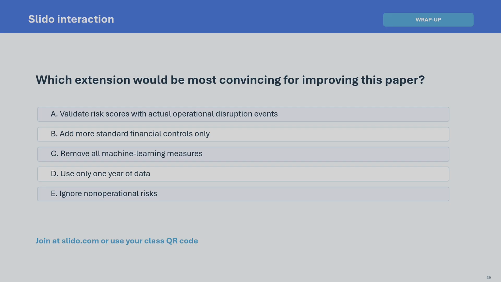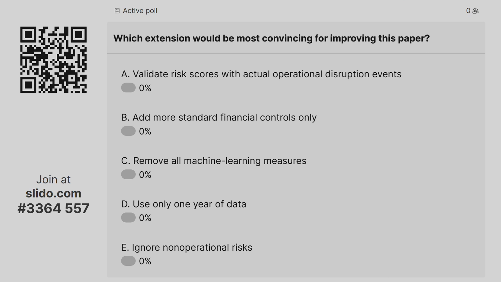First questions, I have the last two slides that you can answer. Which extension would be most convincing for improving this paper? Okay, I will see your results. And after that, I have another one. You can think about that.